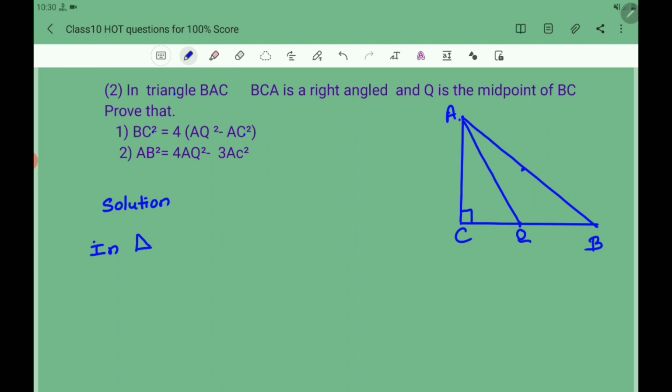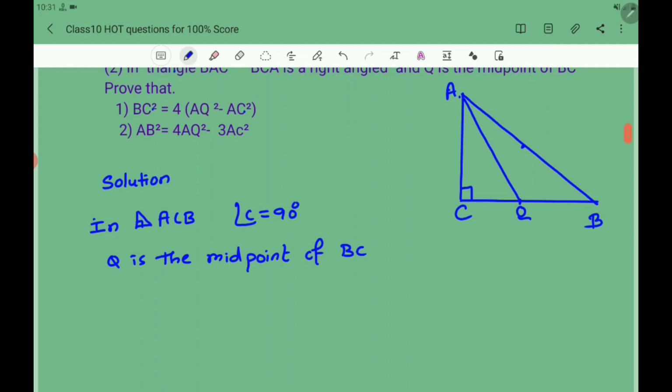In the right angle triangle ACB, angle C equals 90 degree. Q is the midpoint of BC. Therefore, you take CQ equals BQ equals BC by 2. So you consider that is the first one.